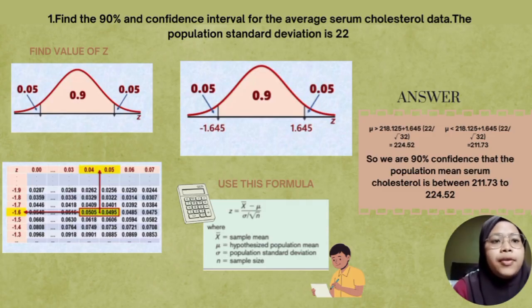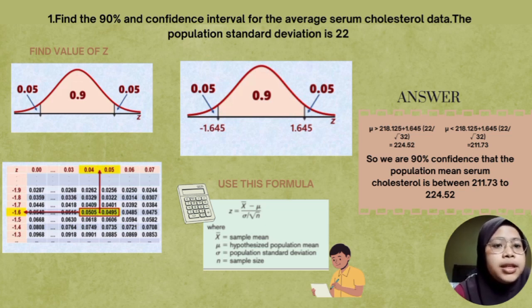Question 1. Find the 19% confidence interval for the average serum cholesterol data. The population standard deviation is 22. Firstly, we need to find the Z value. With 19%, alpha is 0.1. So we have 0.05 in each tail.